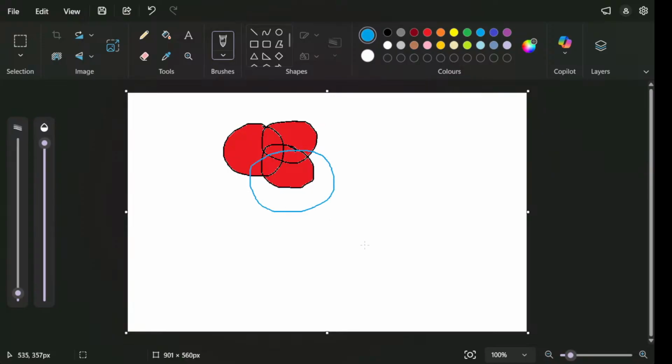This guy would be in G. And the intersection of all these sets is in H.